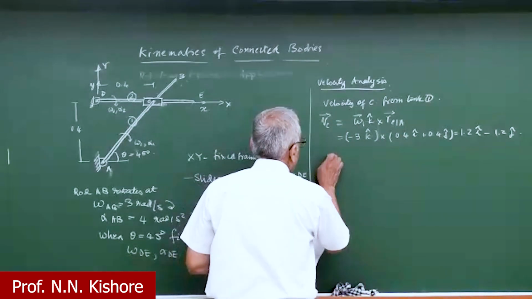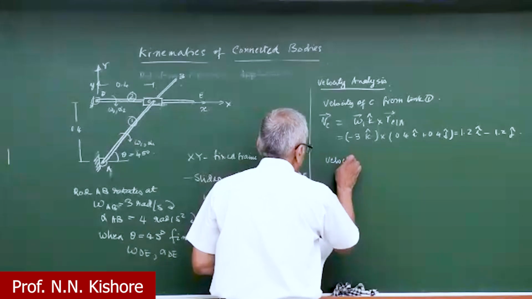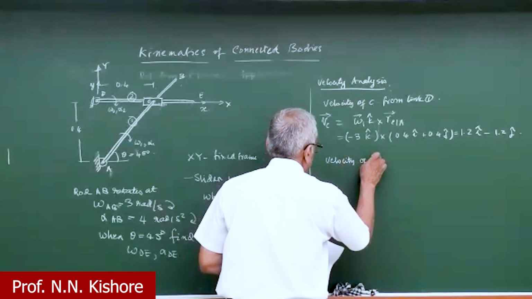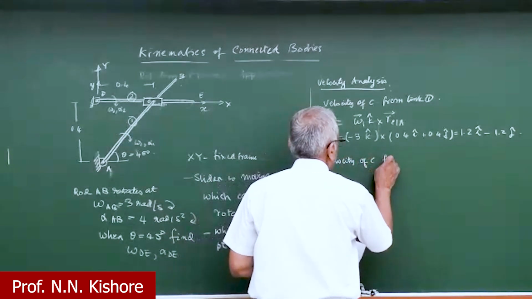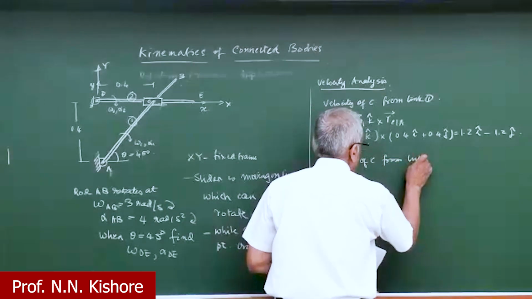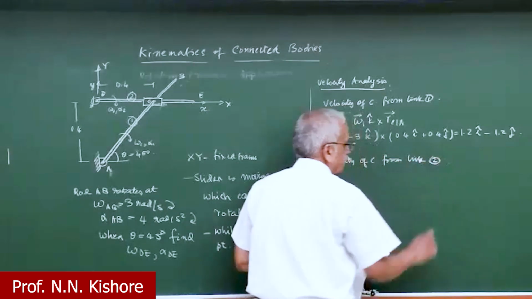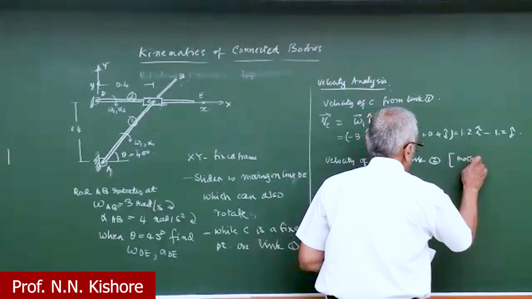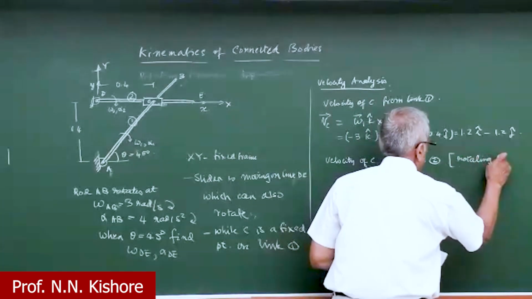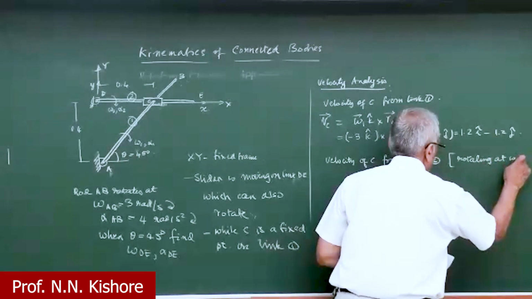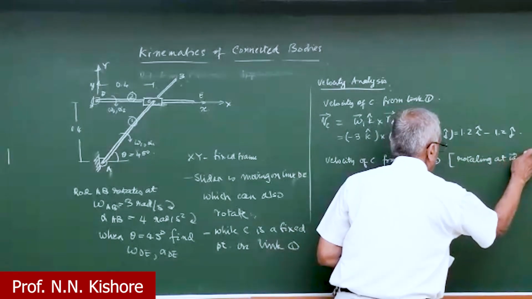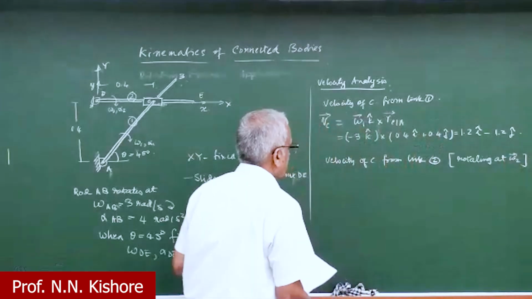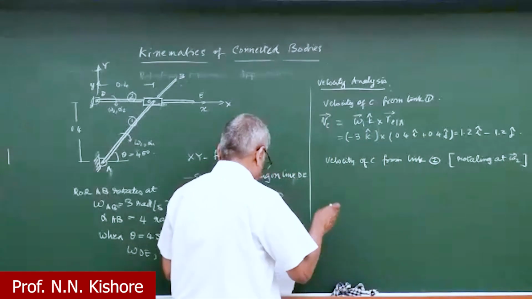So the velocity of C from link 2, which is rotating, we can find out as follows.